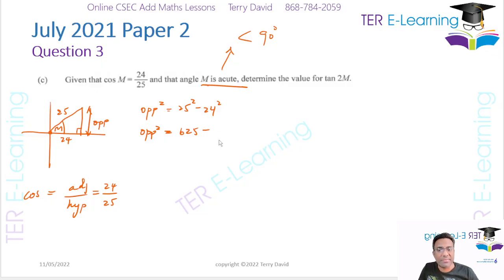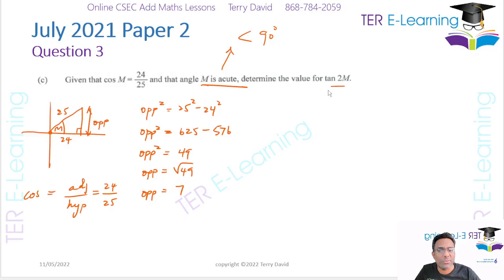You're going to get 576. So opposite squared is equal to 625 minus 576. You're going to get 49. So the opposite length there is going to be the square root of 49. So your opposite is going to be equal to 7. That's going to be important for us. So we have all the lengths of the triangle there.